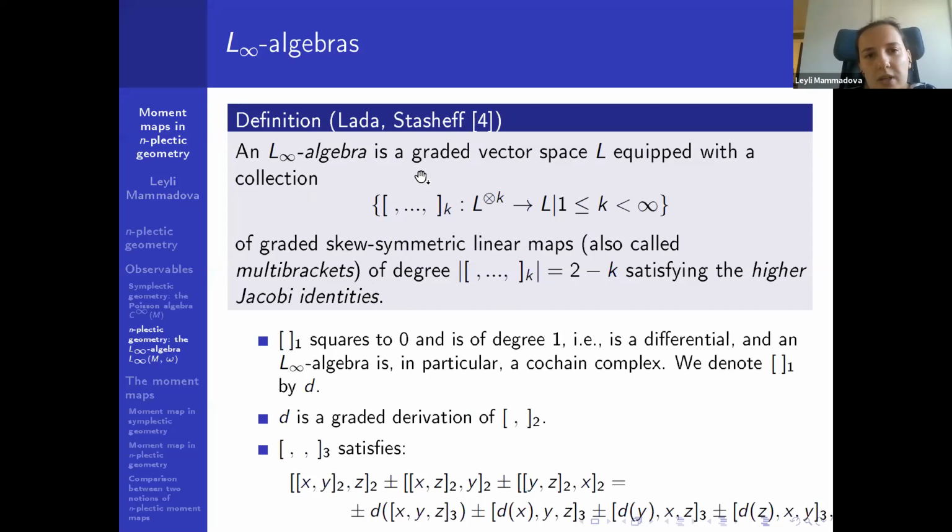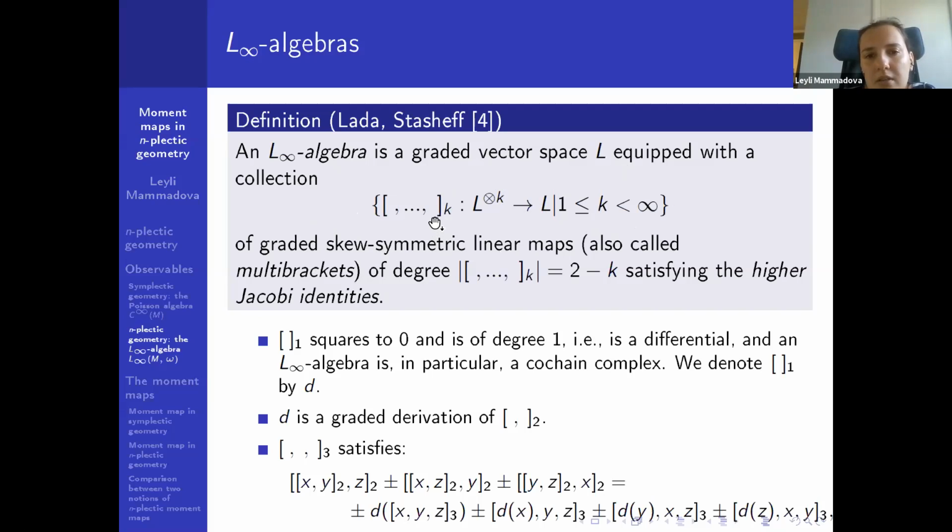An L-infinity algebra, according to them, is a graded vector space equipped with a collection of brackets. So let's go slowly here. We have a graded vector space L, and we have a collection, potentially an arbitrary number, of graded skew-symmetric multilinear maps.